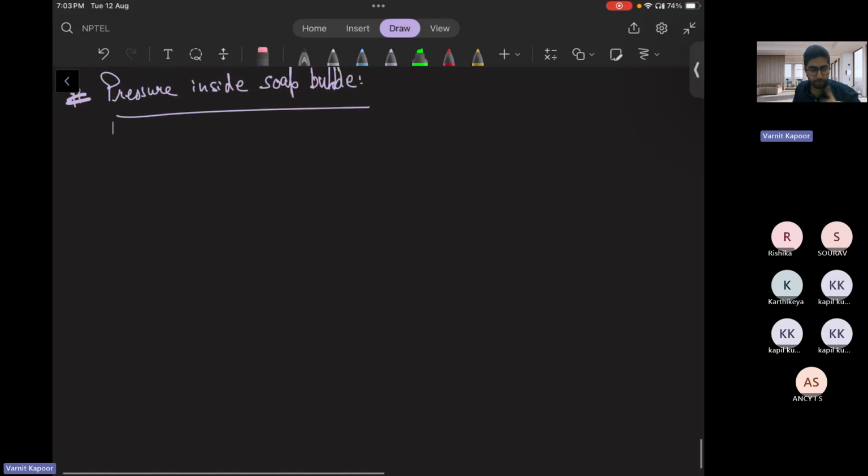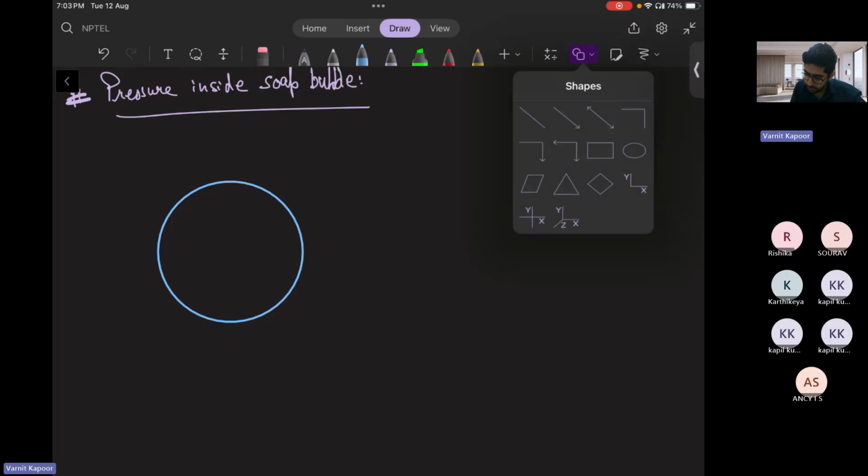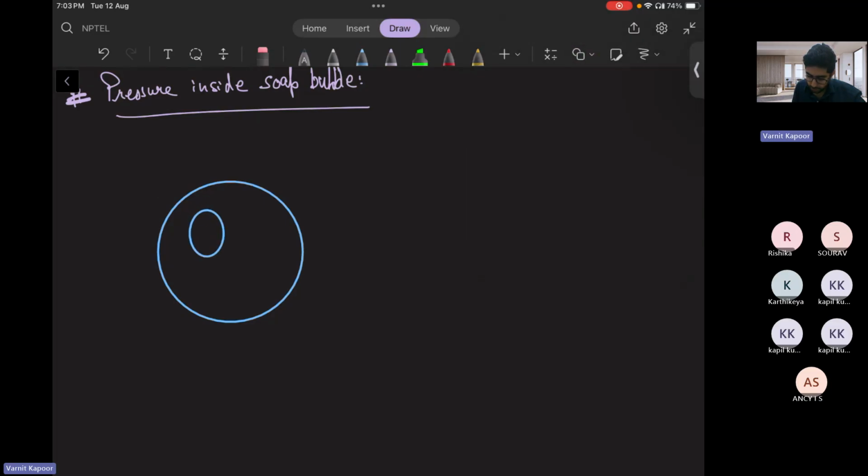So a soap bubble will have two interfaces, one and two, very, very thin. You have seen it with the vendors who blow soap bubbles, as I explained earlier. That is a very thin soap bubble. So here inside is also air, outside is also air. This is your liquid.